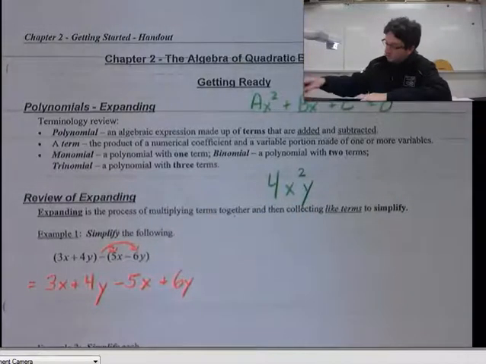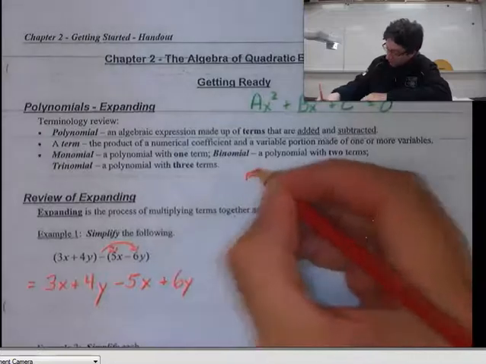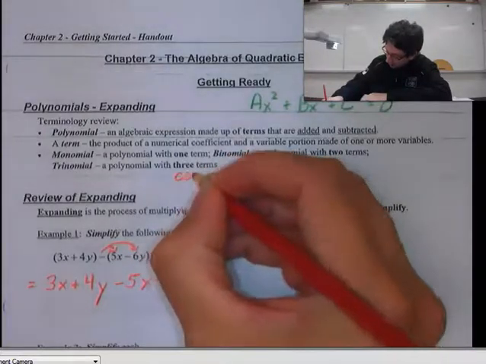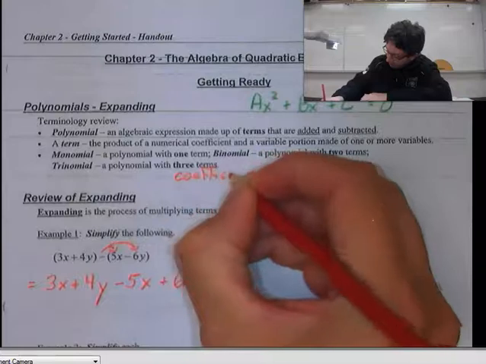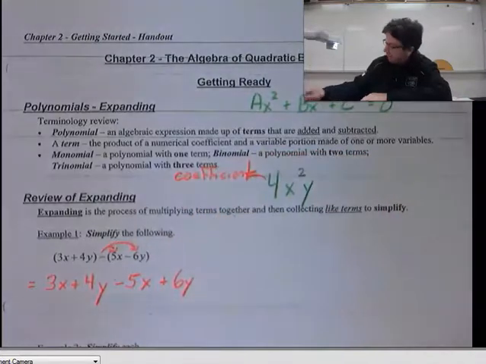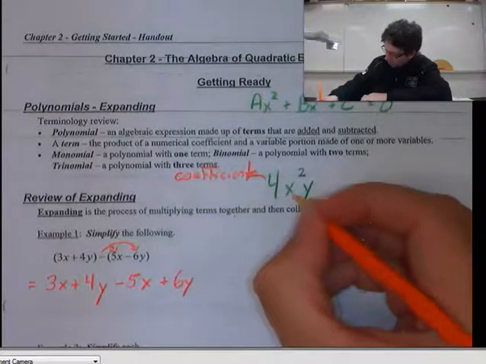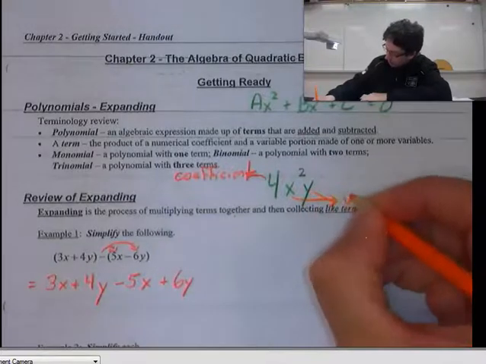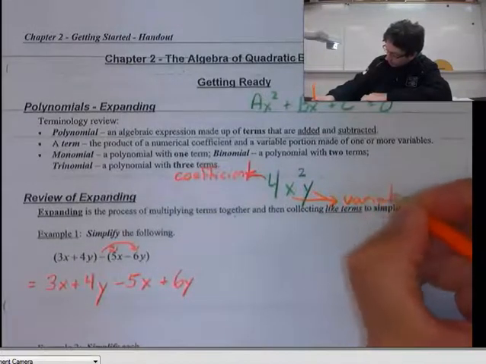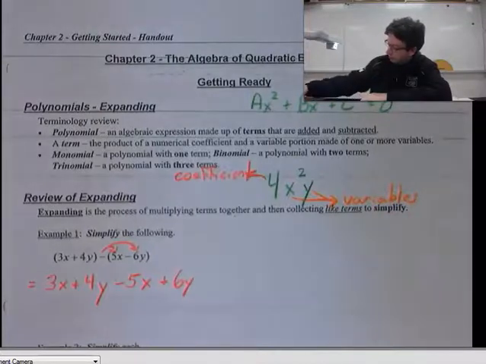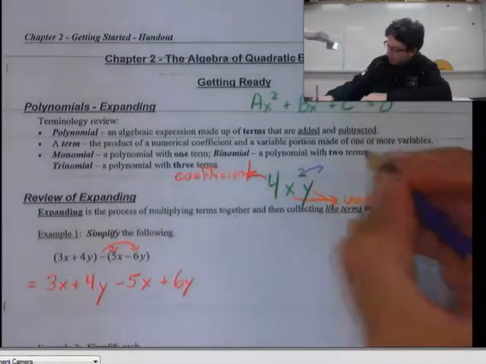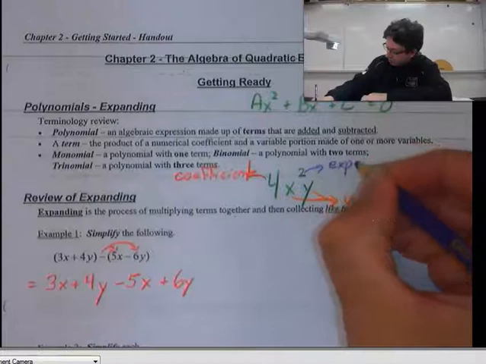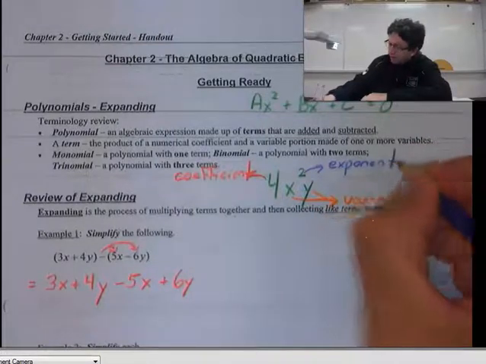I don't know if it helps if I write that out. So this is your coefficient. These are your variables. This is your exponent. And the y would also have an exponent.